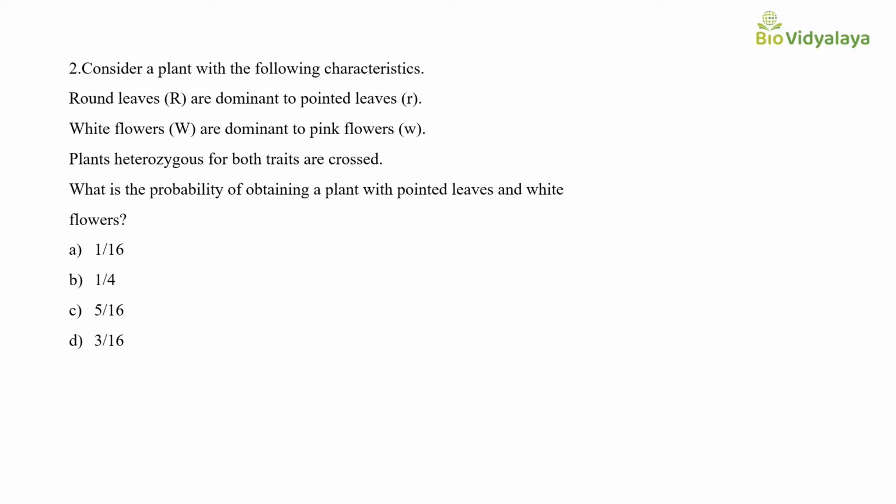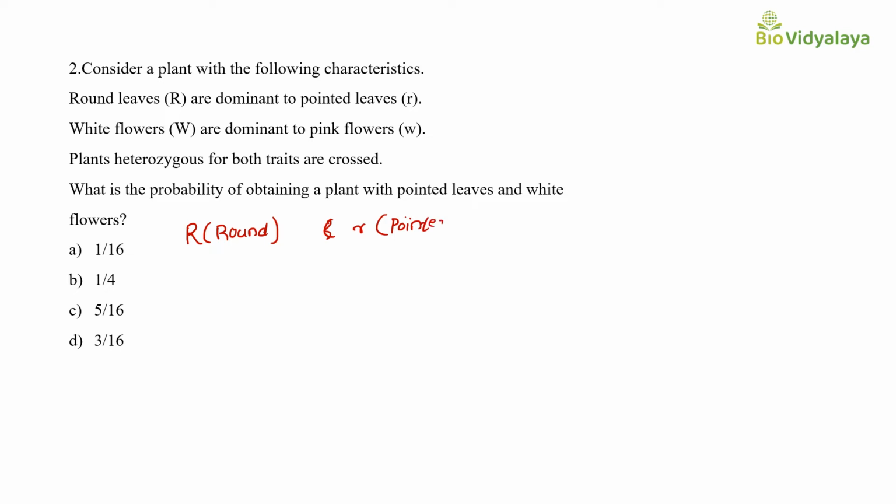So here they have given that round leaves are dominant to pointed leaves. So the dominant allele is capital R, that is round. Okay, it is dominant to pointed leaves. So recessive is small r.